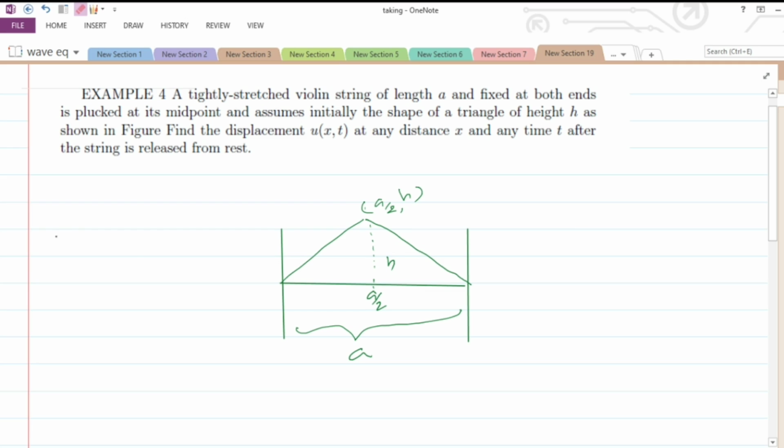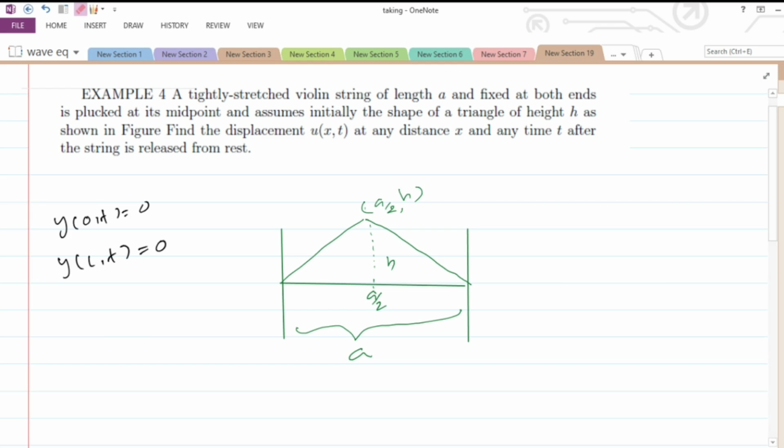But we can say the boundary conditions, since it is attached at both ends: y of (0, t) equal to 0, and y of (l, t) equal to 0.